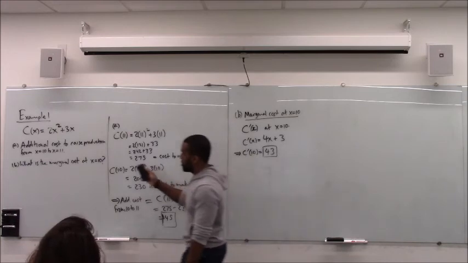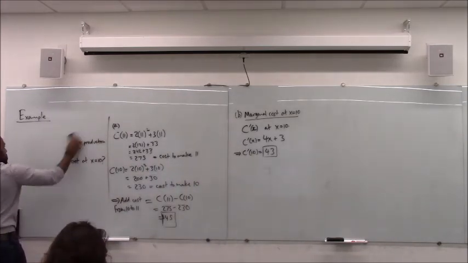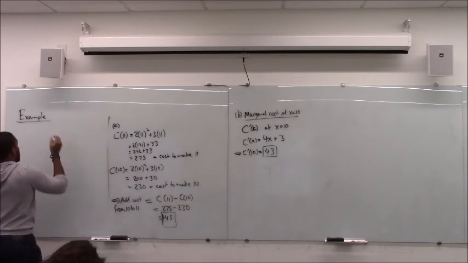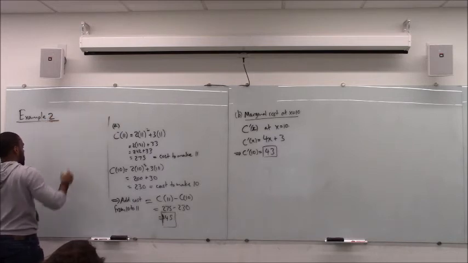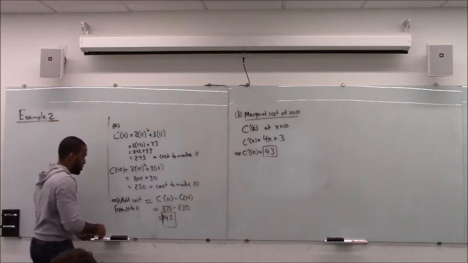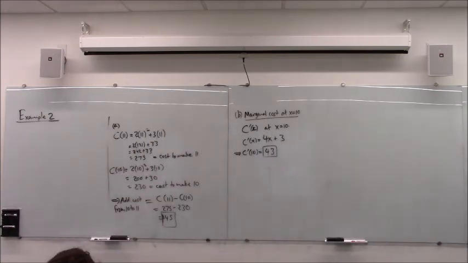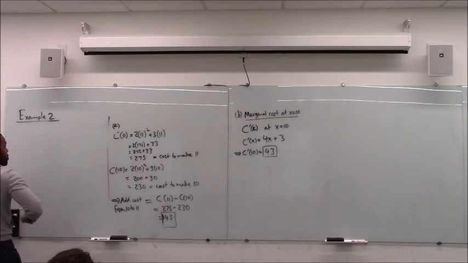So that was example 1. Example 2 is a little bit more involved, so let's actually try to work through that one together. And then let me know if you have any questions. So in example 2, we're given a demand function, which means the price isn't fixed.